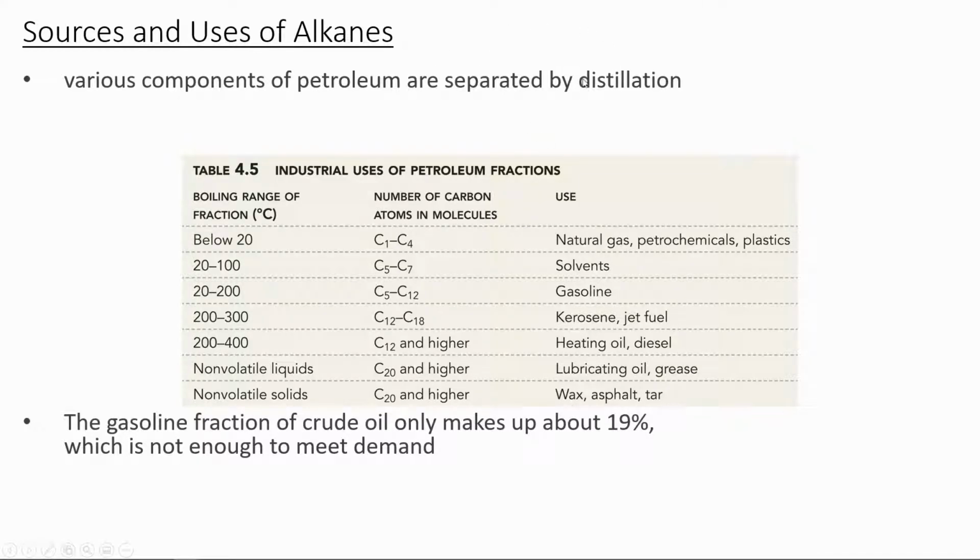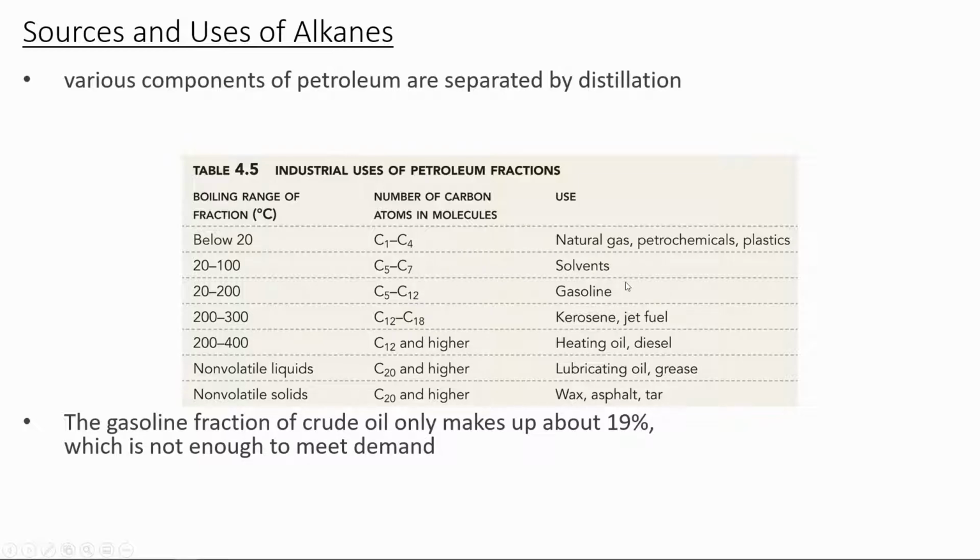They're separated by distillation. So we heat the oil up, and as a fraction goes into the gas phase, it can recondense. If we look at our carbon 1 through carbon 4 fraction, that's stuff like natural gas and chemicals that are used for plastics.